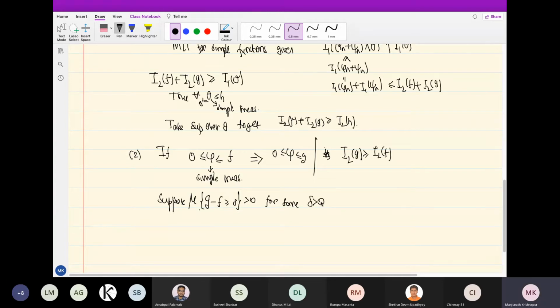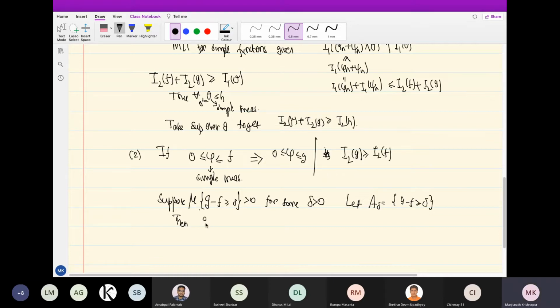Suppose for some positive delta, that set has positive measure. So let A delta be this set, where g minus f is greater than or equal to delta.